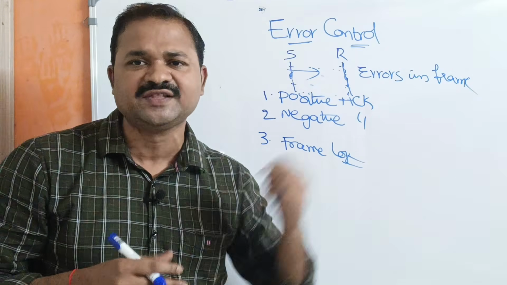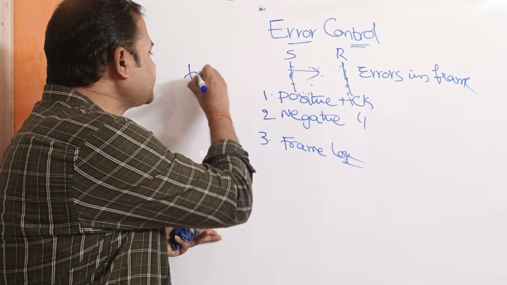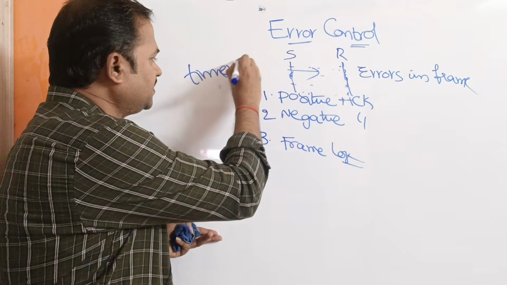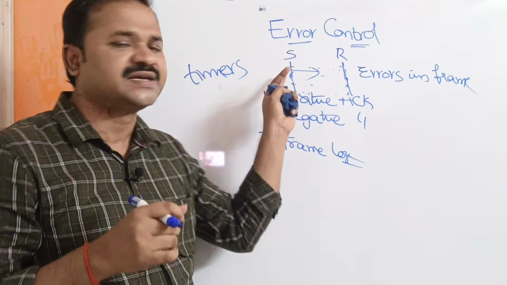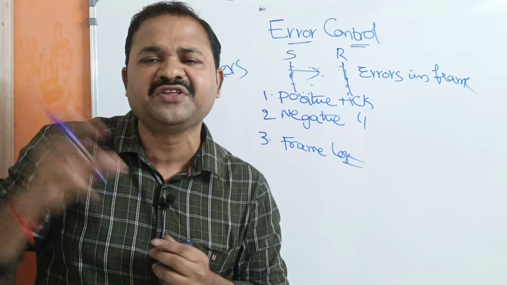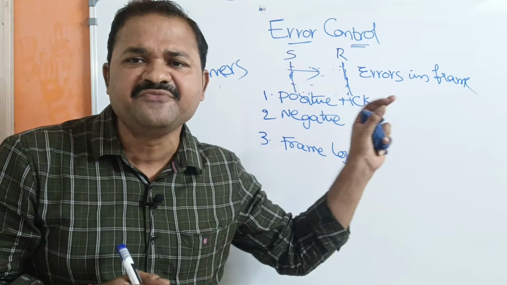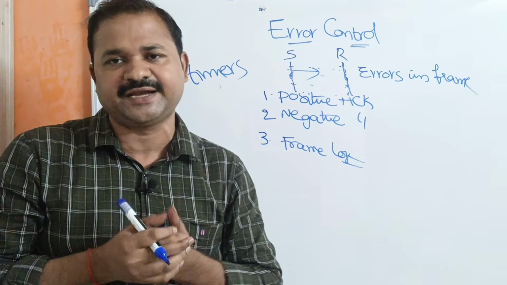So how can we solve this problem? In order to solve this problem, timers are introduced. Here the sender will maintain a timer for each and every frame. So every frame will have a time period.